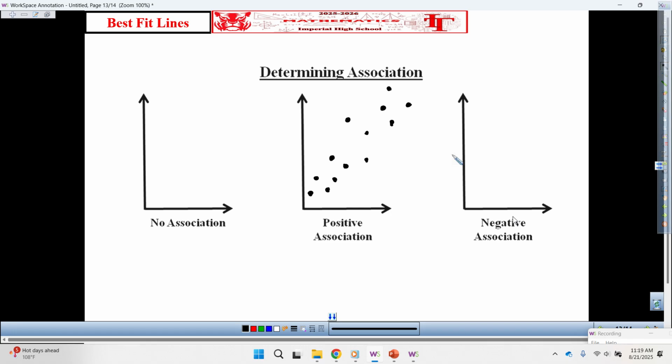Upward. Everybody see that? All right, copy that, please, on your notes. So once again, positive association usually starts low and it goes upward from left to right.